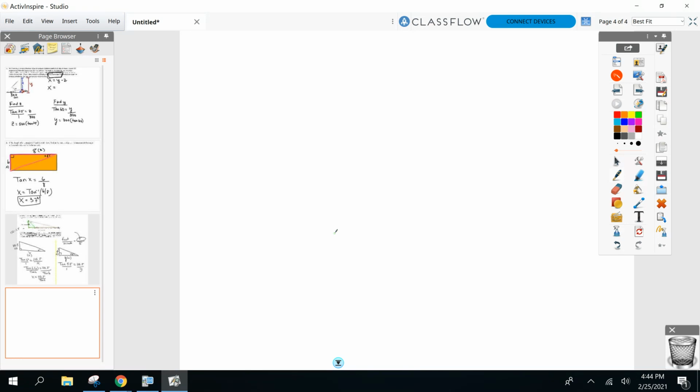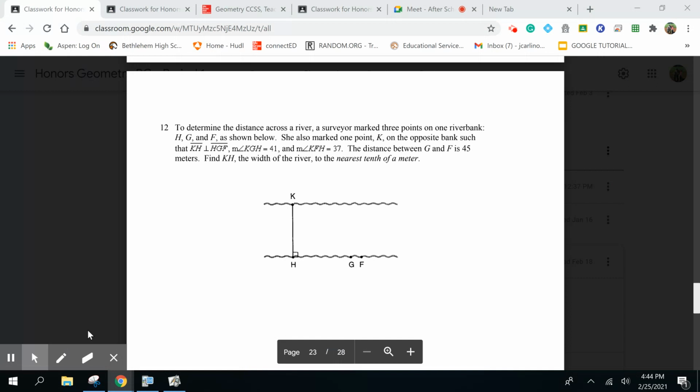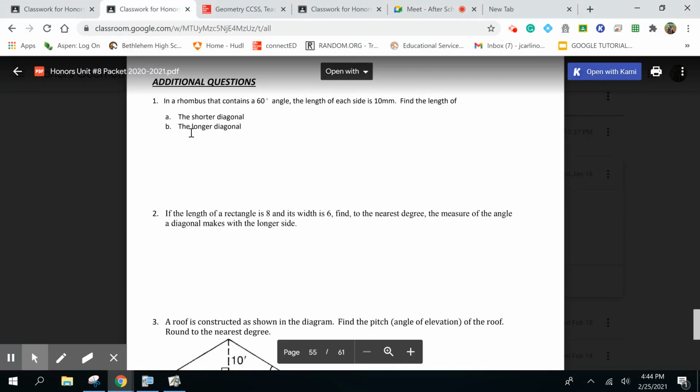Can we do number 1 in the packet? Number 1 in the packet. Yep. The rhombus one. Yeah. Yep.